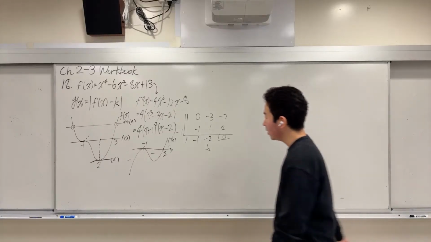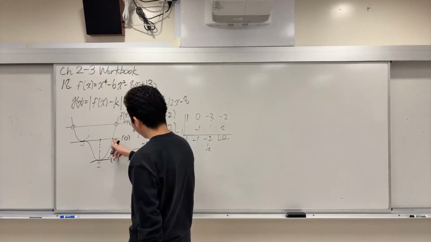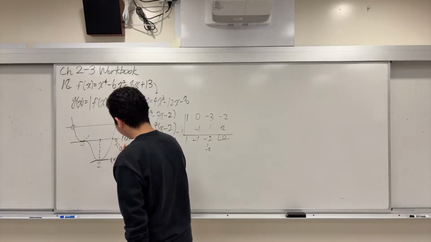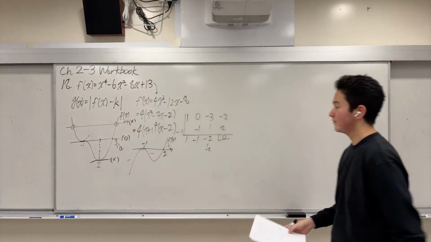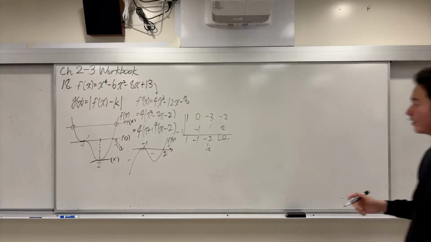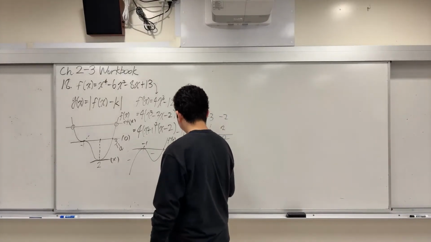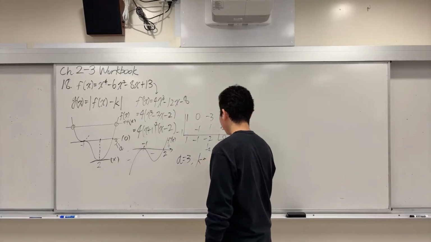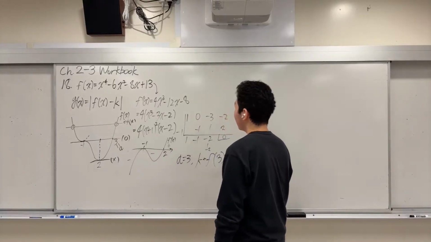All right. So now we know that your a value is going to be 3, since it's not differentiable at that x value. And all we have to do now is find f of 3, and that will be k. So a equals 3, and k equals f of 3.